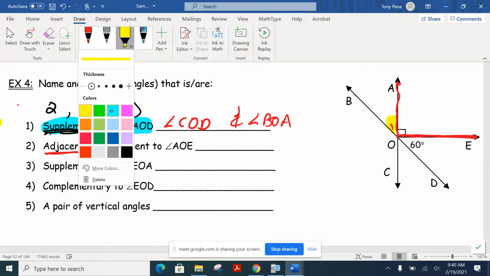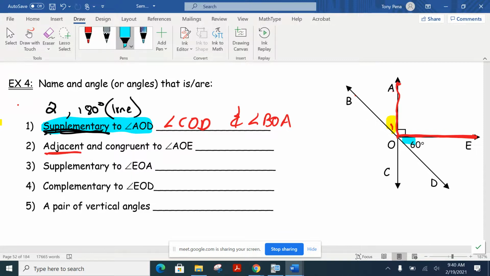And then the other angle that's right next to it is this angle right here. Well, this is actually pretty tricky. See what you think. This is sneaky. Some sneaky math here.